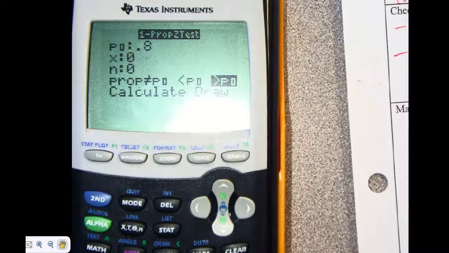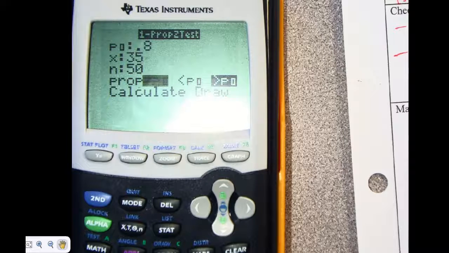But then you never type 0.7 in. You're typing in the fraction. So the X is the number of people that went to college. The N is the number of people in your sample. So you're basically writing a fraction there. We know 35 out of 50 people went to college, so you're writing that fraction there just in 2 lines.